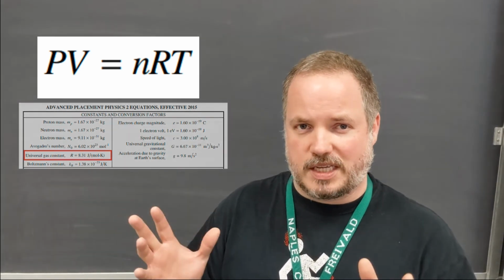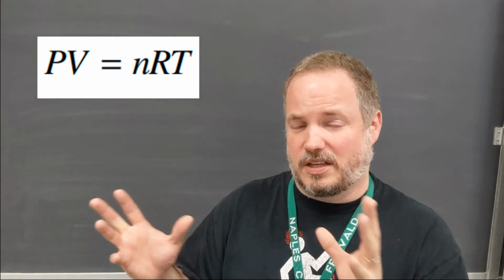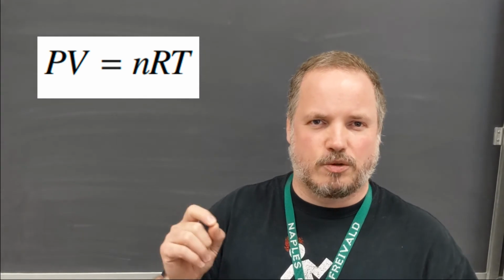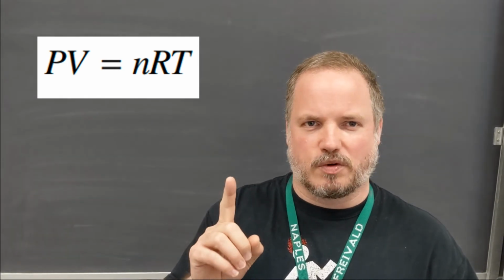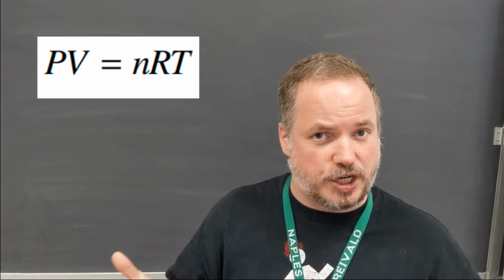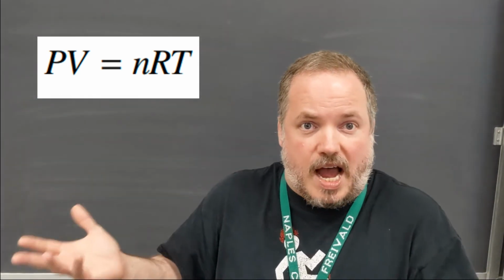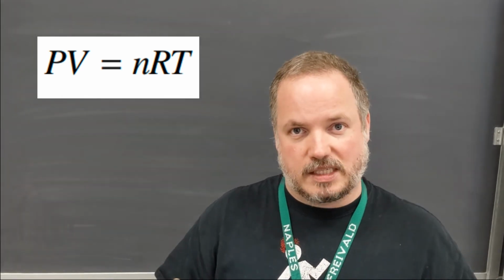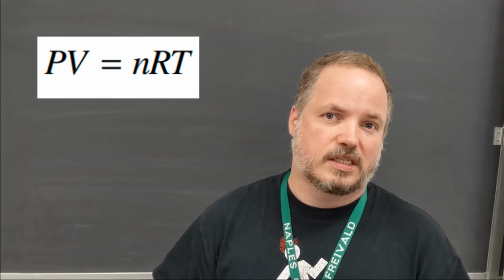PV equals nRT is really very related to the combined gas law. Think about it. If you divide the T over, you get PV over T equals nR. n is the number of moles, which for a gas in a sealed container, a balloon or piston or whatever, is not going to change. And R is a constant. And so PV over T is a constant for any given gas setup.